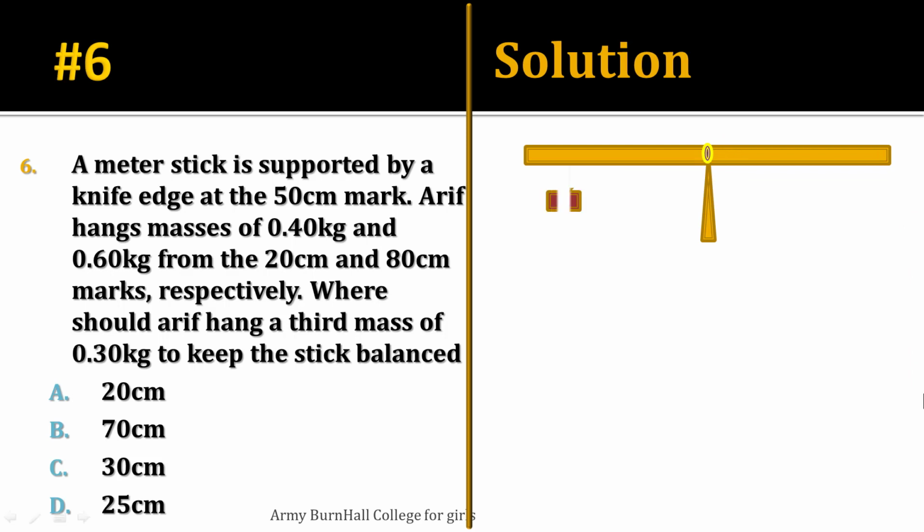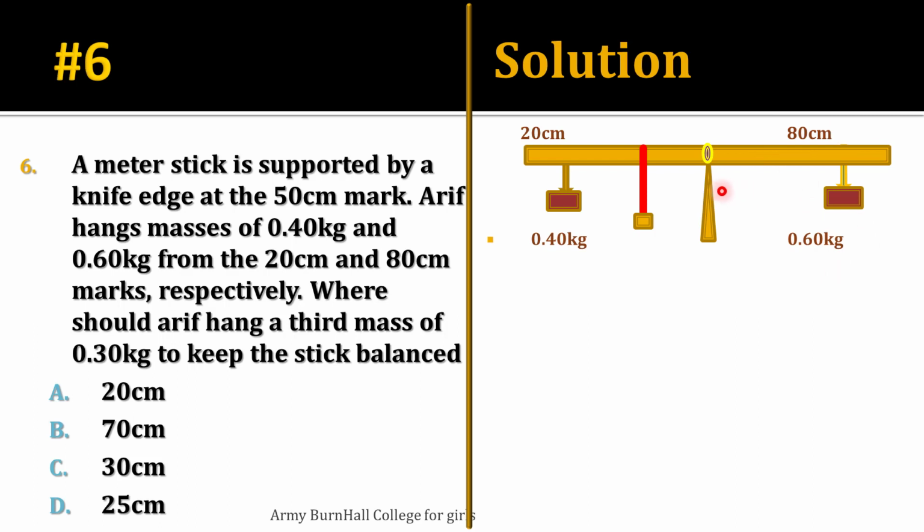Then there are two masses, one of 0.40 kilogram and the second of 0.60 kilogram, hanging from this meter stick. 0.40 kilogram is at the 20 centimeter mark and 0.60 kilogram is at the 80 centimeter mark.